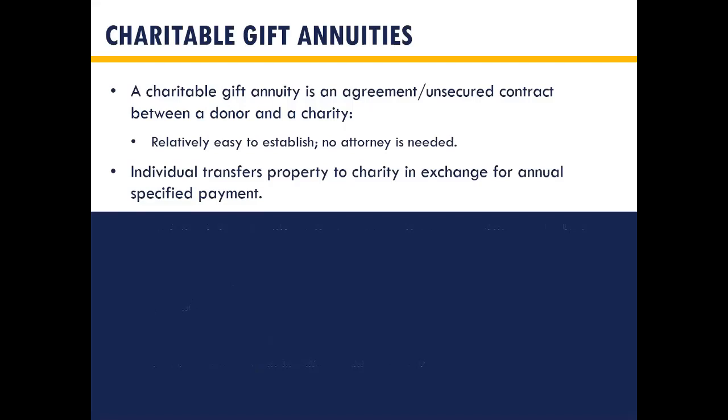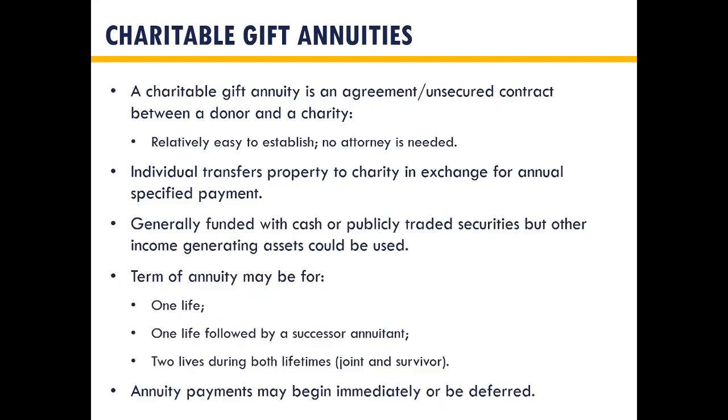And in exchange for that $1 million transfer to my charitable organization, I'm going to give the donor back an annuity over their lifetime, or over 2 lifetimes, so it can be joint, the donor and the donor's spouse. So there's a few different terms that can be there.